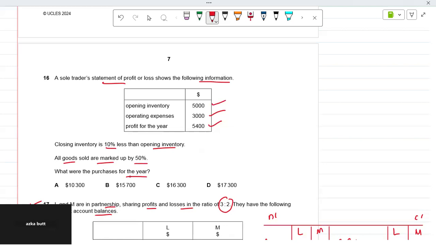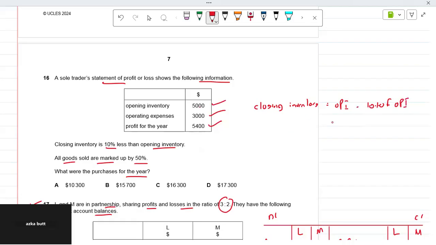Okay. So basically, first of all, let's find out the closing inventory. Closing inventory is equal to opening inventory minus 10% of opening inventory.